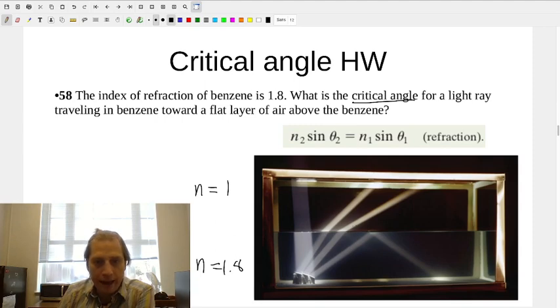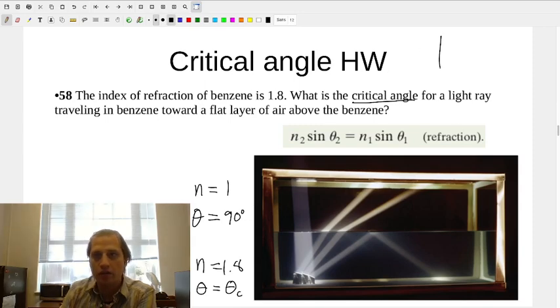And when that happens, the borderline happens when your angle in air is equal to 90 degrees. And so in that case, you would call the angle here your critical angle. That's when you're going like this from a smaller angle to 90 degrees.